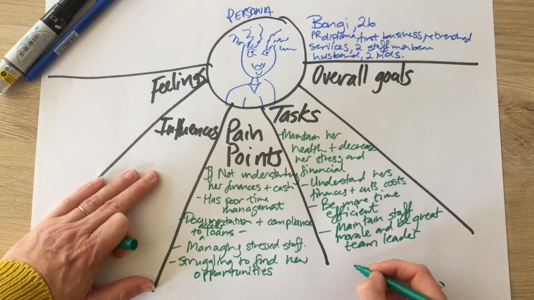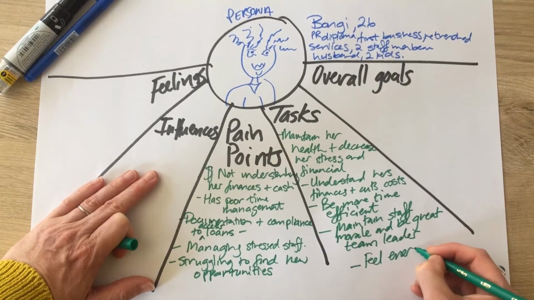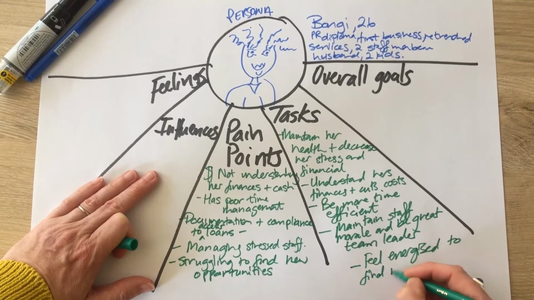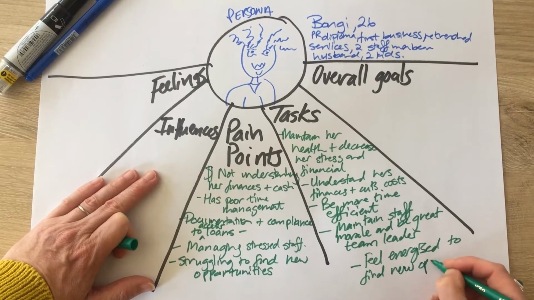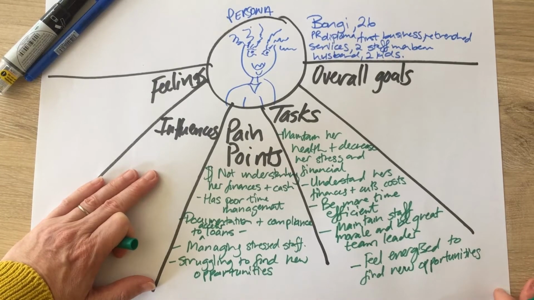And finally, to keep her business going, she must feel energized, get herself energized to find new opportunities. This is no time to lie down and not go out there and try and make things happen. So she needs to feel energized to do that.